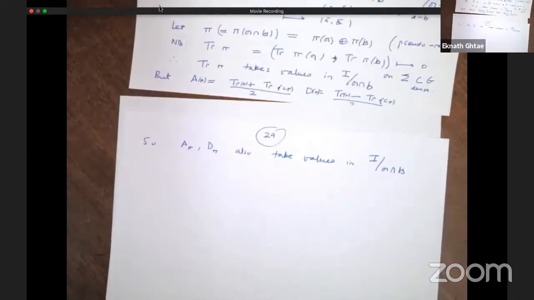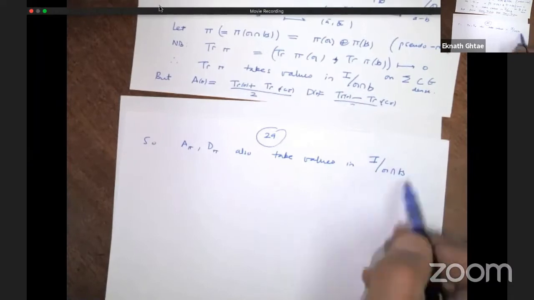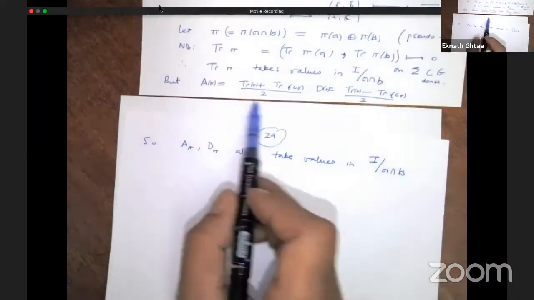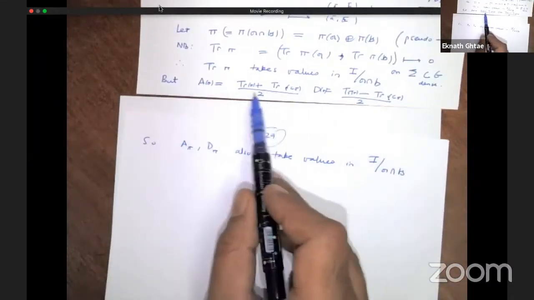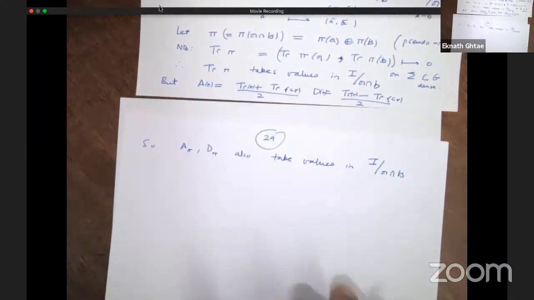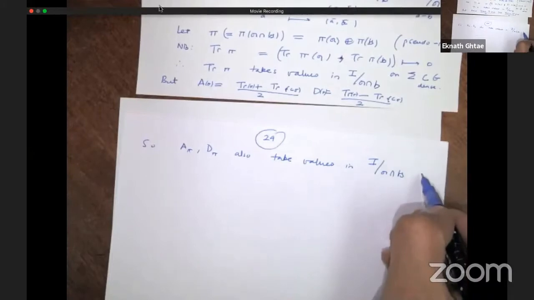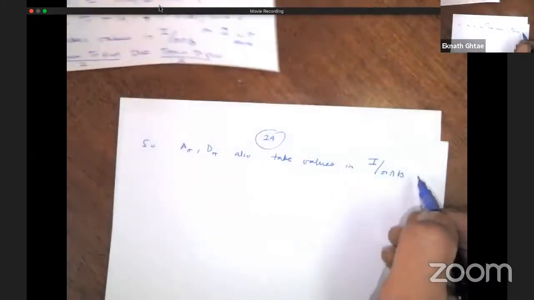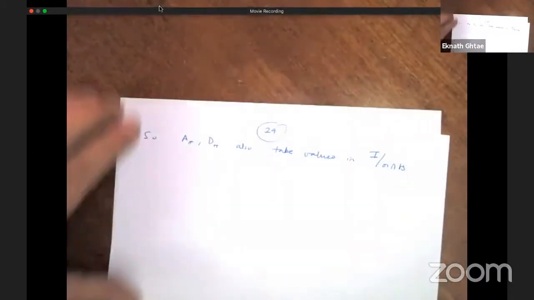Because we showed the trace takes values in I mod A intersection B. We made the ring a bit smaller. And because of these formulas here, A and D can be completely determined by the trace functions. We see that A and D can also take values in I mod A intersection B. Okay, very good.